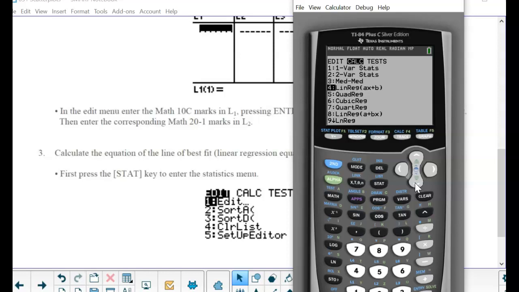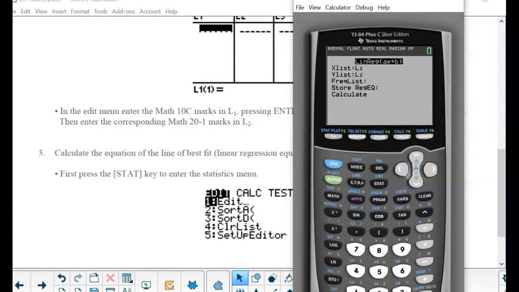So it does a calculation. You can tell it says AX plus B, that's slope y-intercept form, right? If you were to make a mistake and go to 8, then it's going to show it in a different form. So we never use 8. We always use slope y-intercept form, which is linear regression.